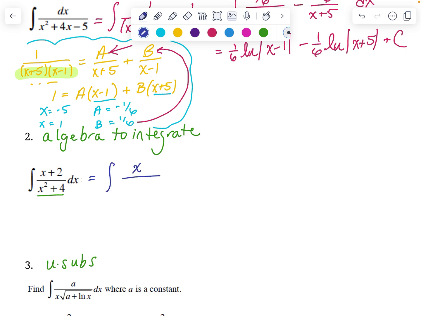So it's like having these two fractions added together. Now think about if you were adding these two fractions together, how you'd have a common denominator and you'd add the tops. We're just undoing that, right? The opposite is also true mathematically. Okay, so those are my two integrals.